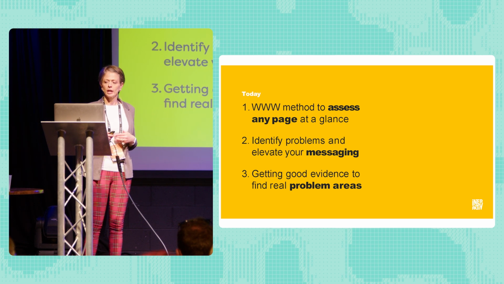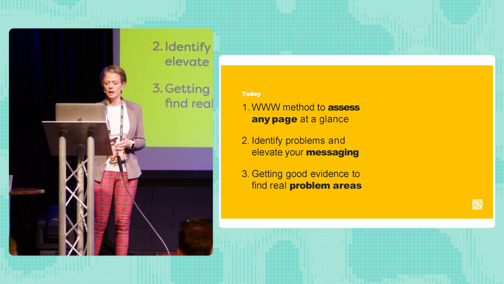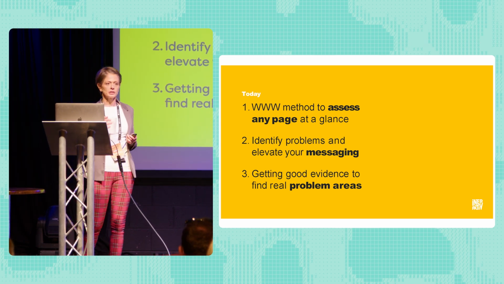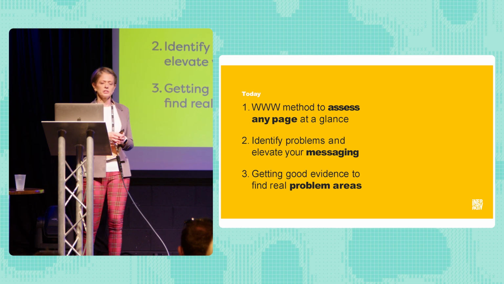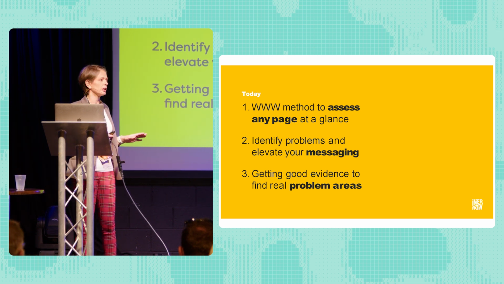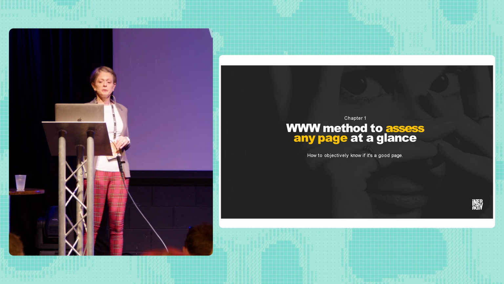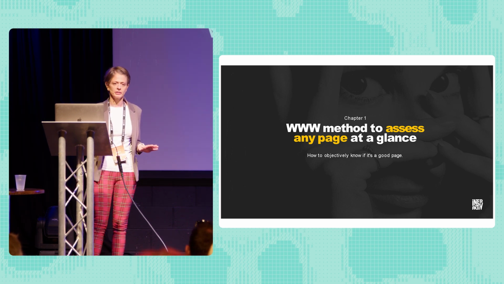Getting a good design and user experience is not a happy accident or a one-and-done process. It involves continuously going out and getting good insight to help you find the problem areas you should be focusing on, and we'll look at how you can do that.